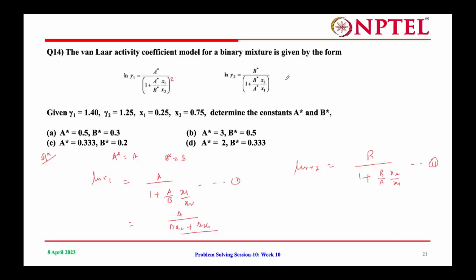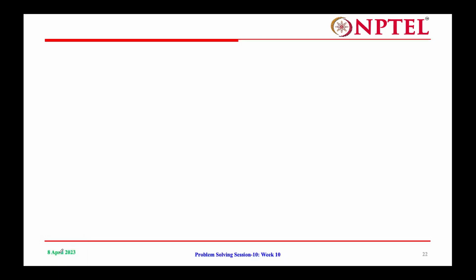It should be square. Now take the ratio ln gamma 1 divided by ln gamma 2 equals A by B times B square x2 square by A square x1 square.